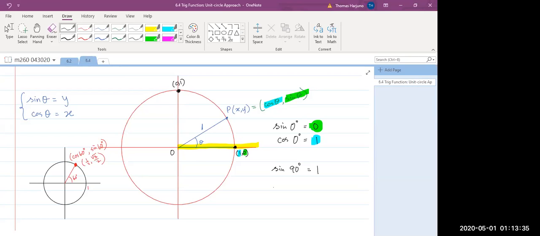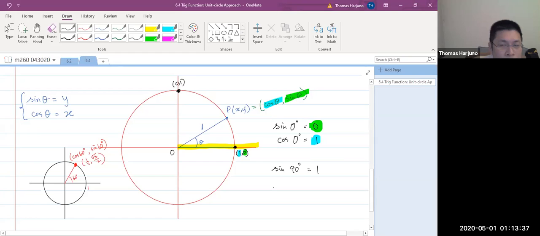You may have memorized it, but if you don't know how to get it, then it's easy for me to just ask, what is cosine 180 degrees? And you suddenly don't know what to do. The way we get sine and cosine of 0 degrees is the same way we get sine and cosine of 90 degrees, 180 degrees, and 270 degrees.